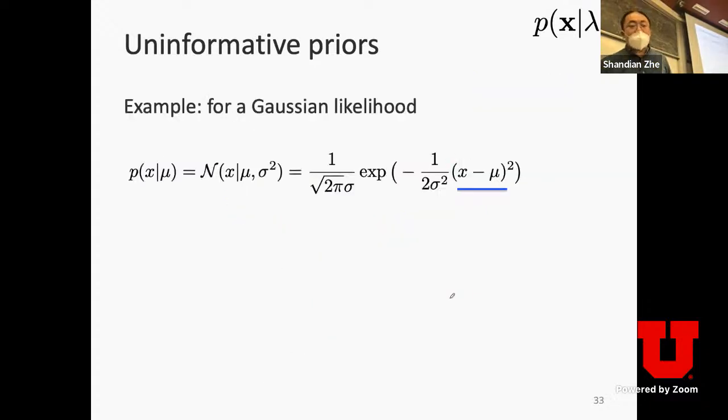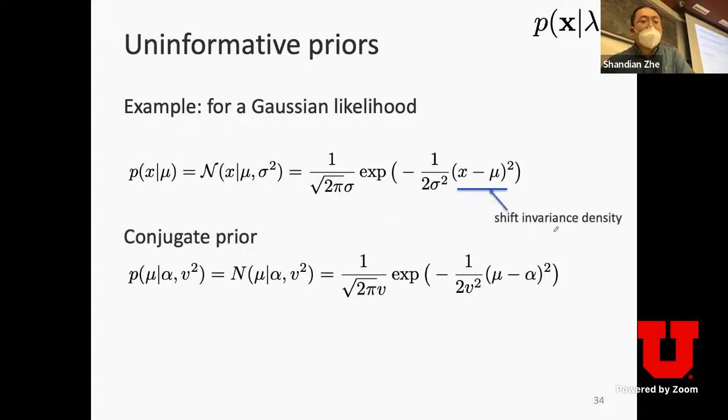To give a concrete example, take the Gaussian likelihood. Suppose we know its variance, and we just don't know the mean. From the density of the Gaussian likelihood, you can see that it is determined by the difference between x and mu. So the Gaussian likelihood is shift invariant for the mean.